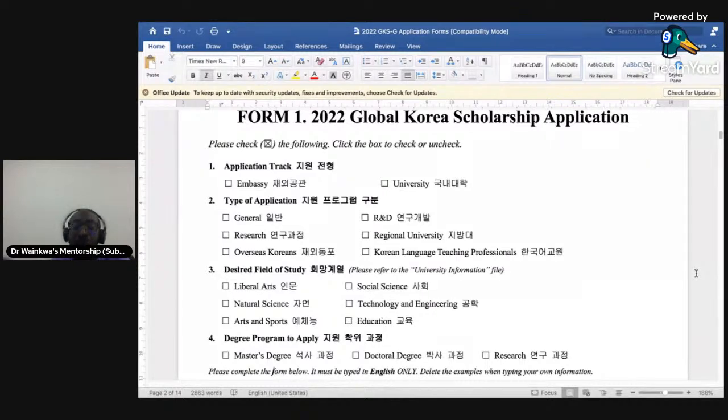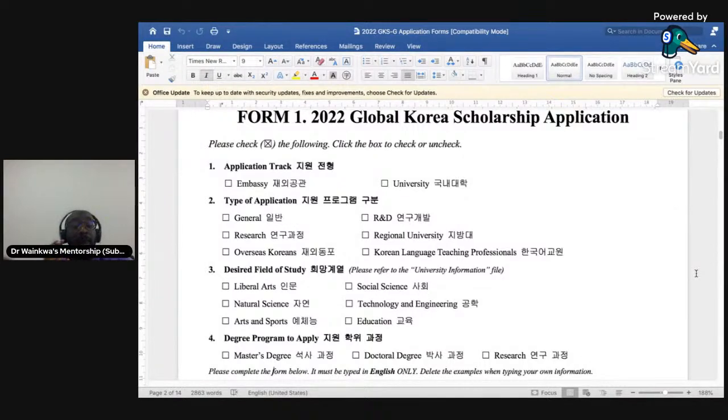Is it general science? Is it arts and sports? Is it education? Is it technology and engineering, social sciences, or liberal arts? So you need to notify all of this information when you are applying.